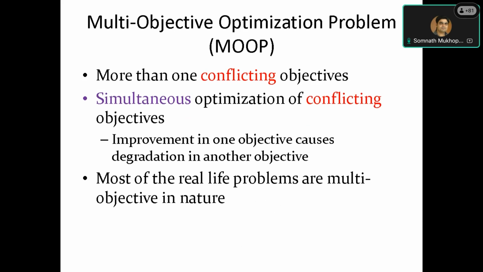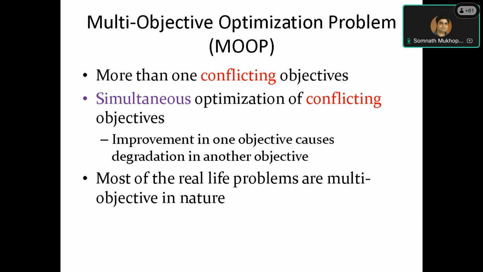There may be many parameters in our real life problems, and there is every reason to consider those parameters before solving any real world problem. So when there is more than one conflicting objective, we have to use a multi-objective optimization approach. And what is conflicting?